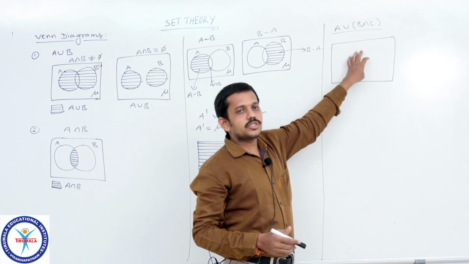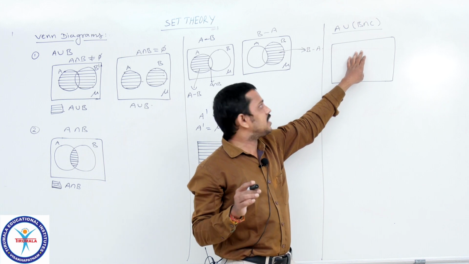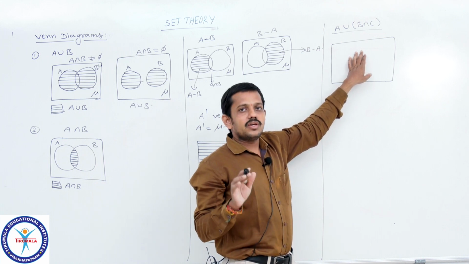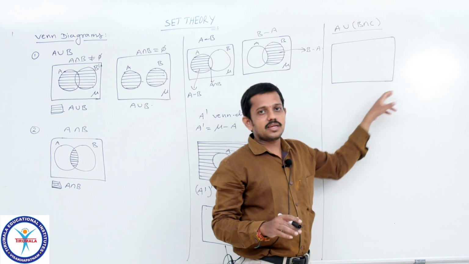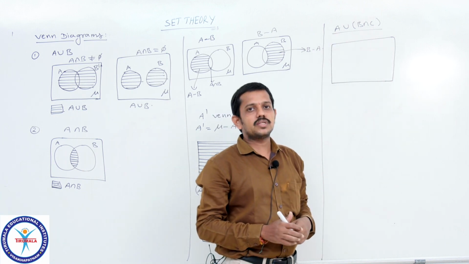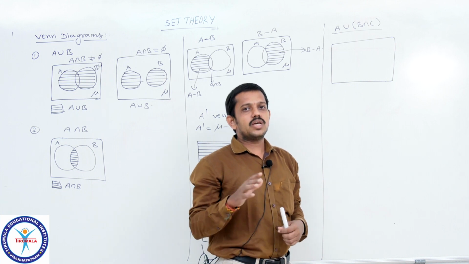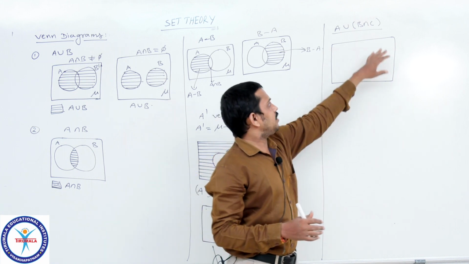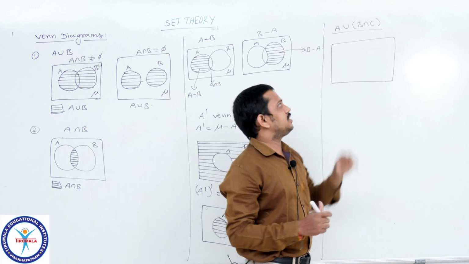So, always we should draw the universal set by taking a rectangular region, whether it is given or not. Then the given sets are subsets of the universal set. So, therefore, A, B, C are included in this rectangular region.